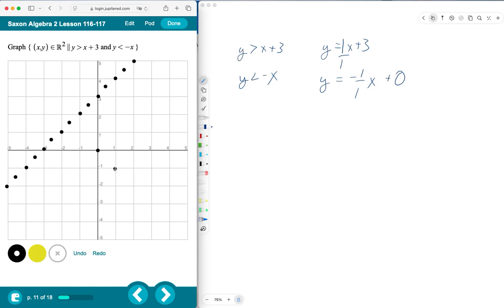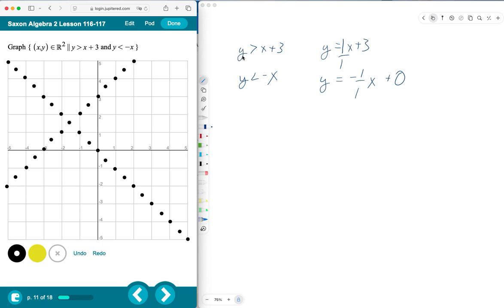So down 1 over 1, down 1 over 1, down 1 over 1, and then I follow that angle back to this side of the graph. I put a dot in between each one just to show where the line would be if it were included.